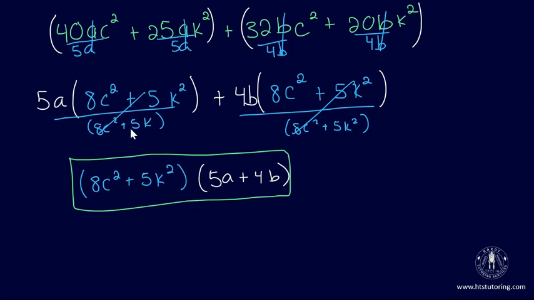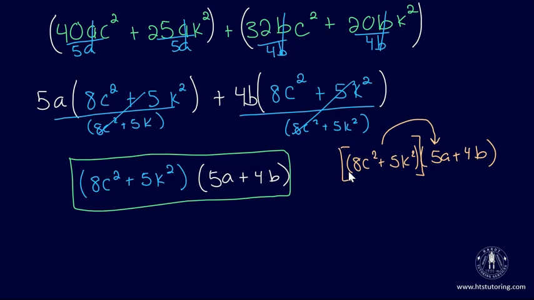So now, let's talk about how to check this. Remember, you can always check it by multiplying it back out. But let's talk real quick about why we could factor out this 8c squared plus 5k squared. Basically, I am multiplying this expression through the other expression.